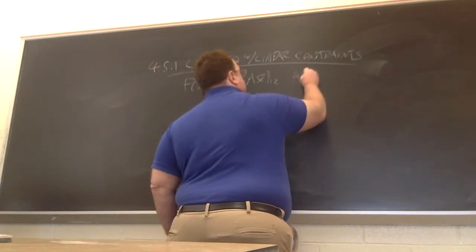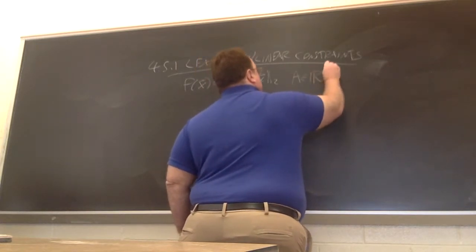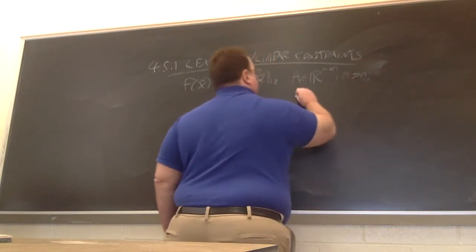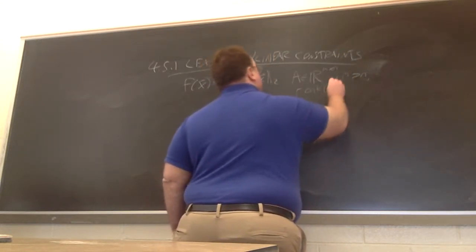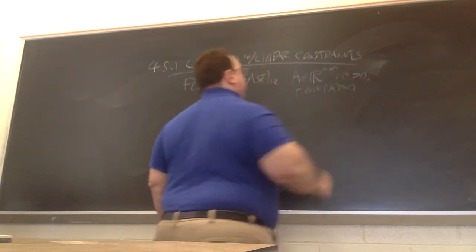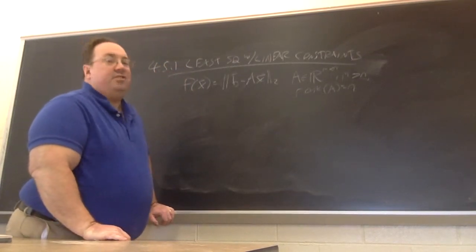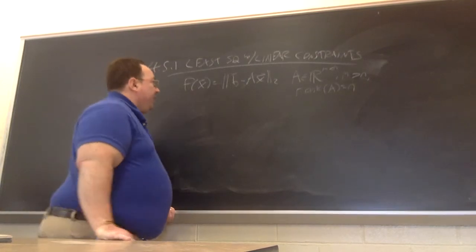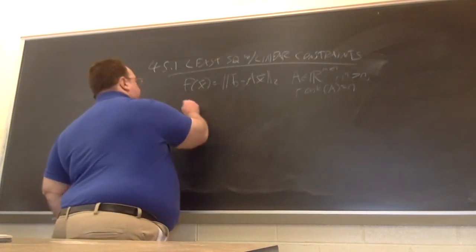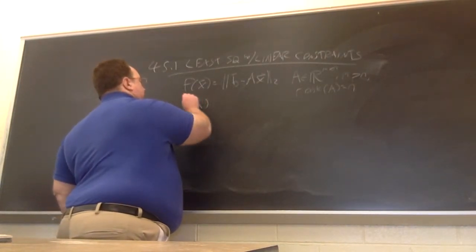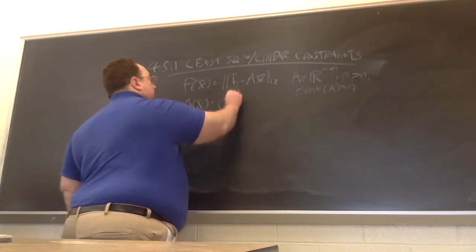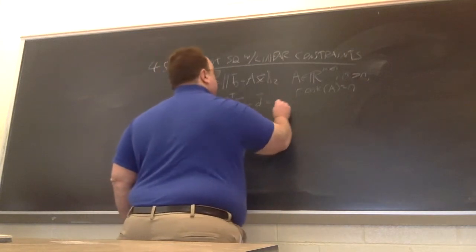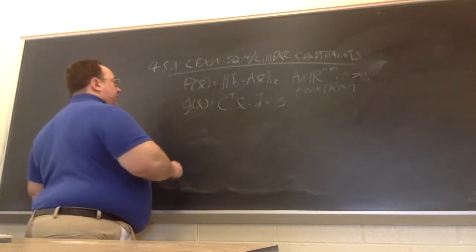A is m by n, with m greater than n, full column rank like before, which I neglected to mention in this section of the book. And our constraint function, g of x, is C transpose x minus d, which must be equal to 0.